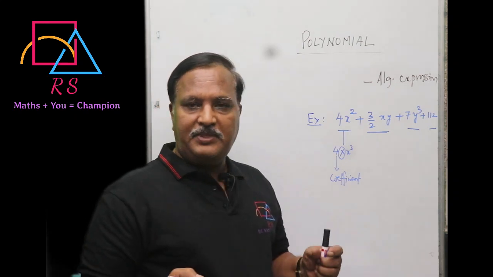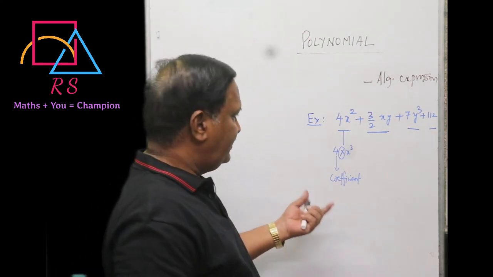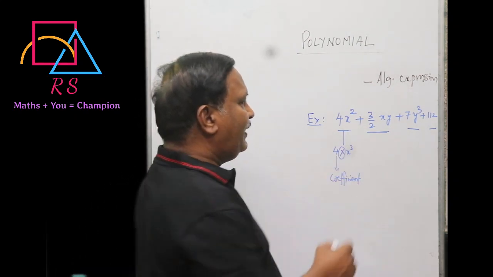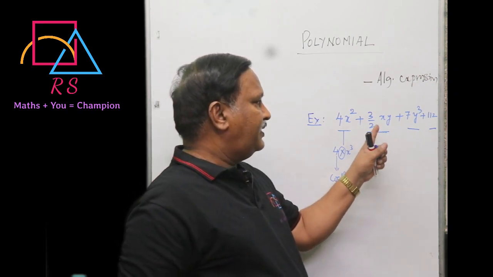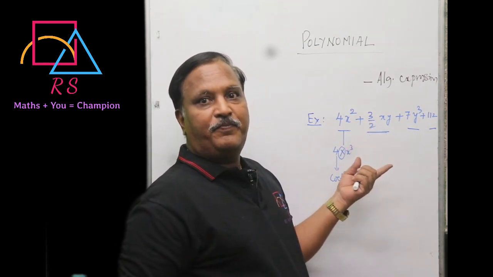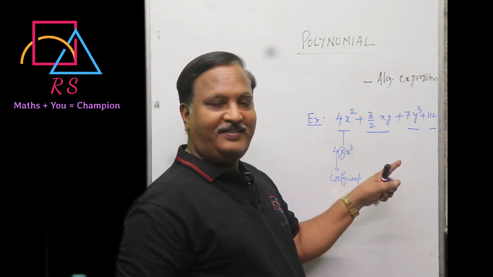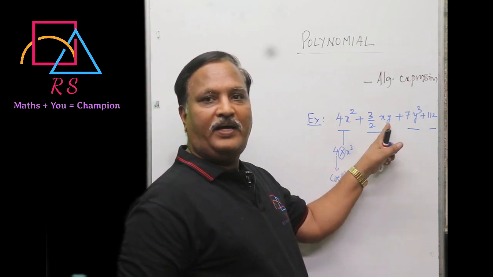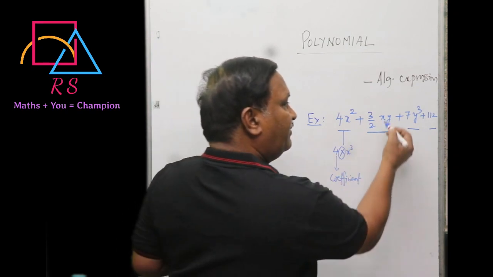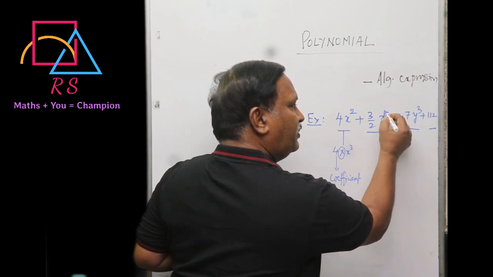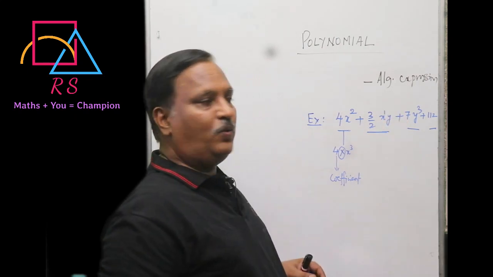These are the simple things you must already have learned by this time. Now let us go to the second term. 3 upon 2 is the coefficient of xy. X is one variable, y is one more variable. Powers are not indicated. When there is no power, we can say 1 is the power.